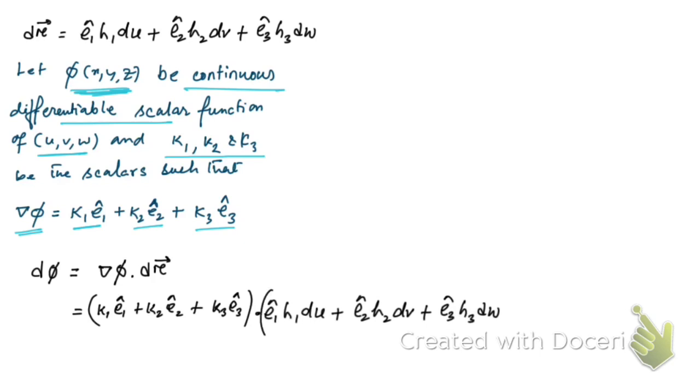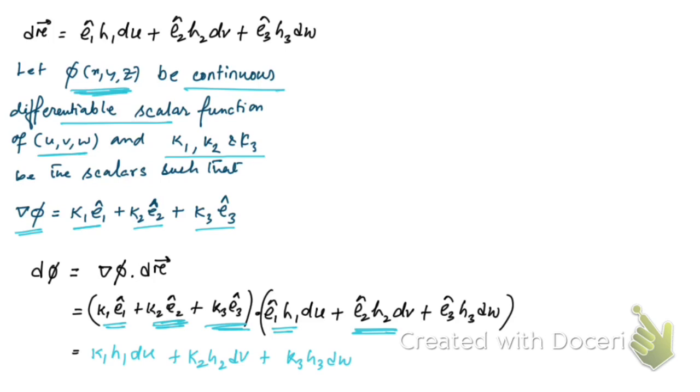So if we write this one here, you see, the dot product of these two is going to be equal to k1 h1, because e1 cap dot e1 cap is going to be equal to 1, right? Similarly, the dot product of k2 e2 cap and this e2 h2 cap dv. Here I have missed one thing, there should be a du. Similarly, the second term will be k2 h2 dv, and the third term is going to be k3 h3 dw, right?